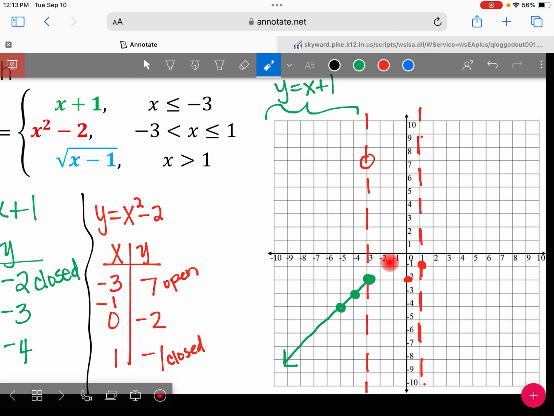You could do -1, you could do -2. So go ahead and fill it in. If you do -1, that should be -1. I feel like that looks a little better.